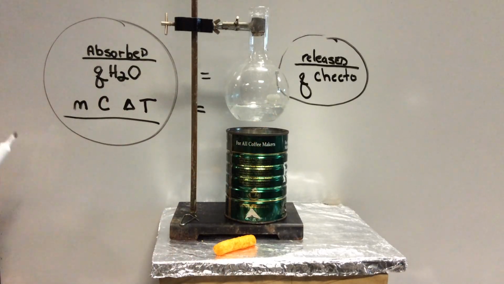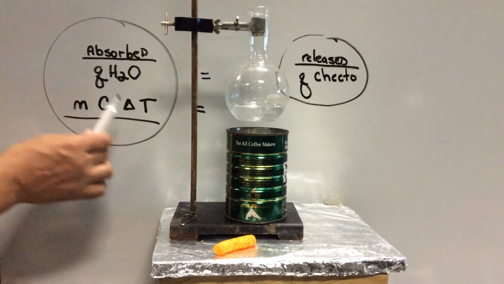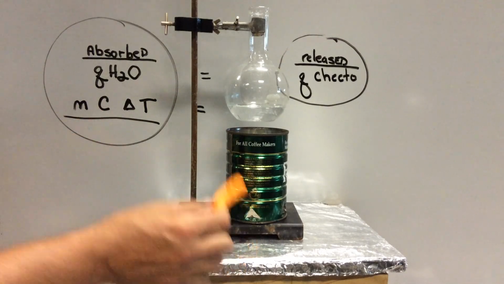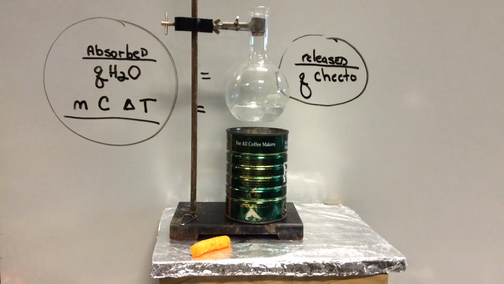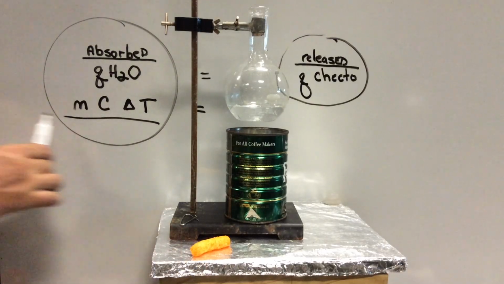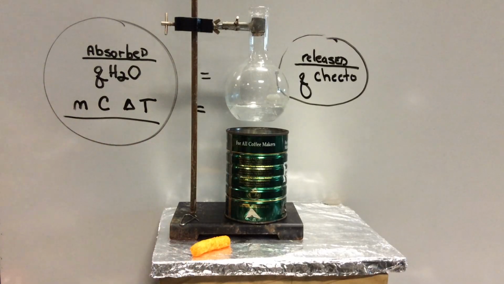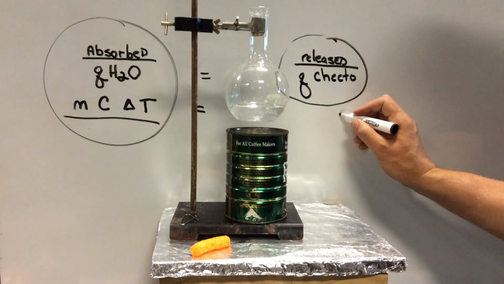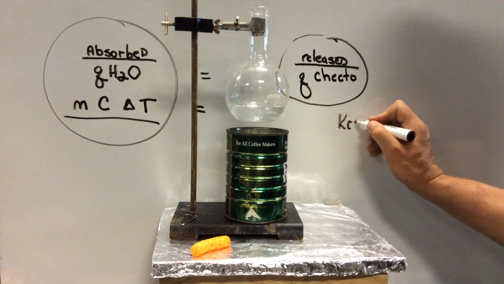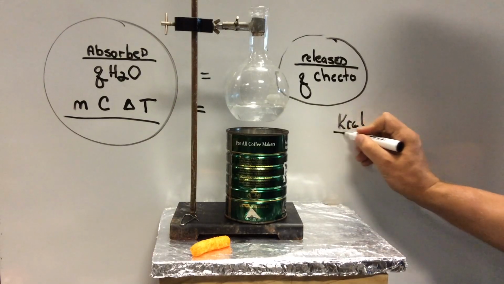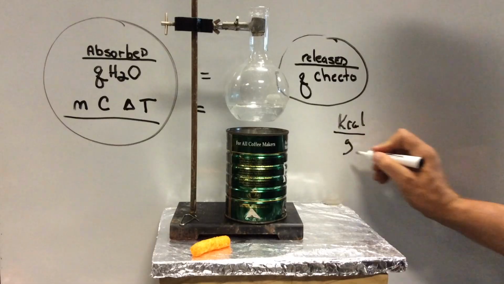It's the mass of the water, the specific heat of the water, change in temperature of the water. Even though I might get a mass of this, that mass is what I'm going to use once I get calories from my formula, and by the way, that's going to be kilocalories. So once I get kilocalories, I'm going to divide by the grams of the Cheeto.